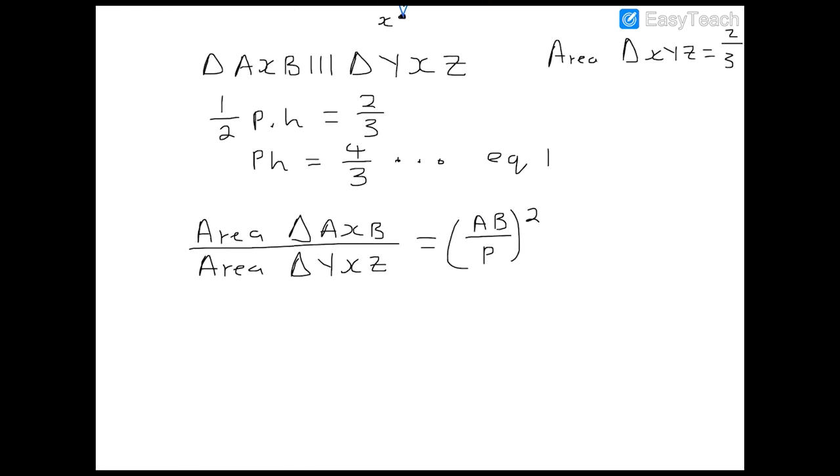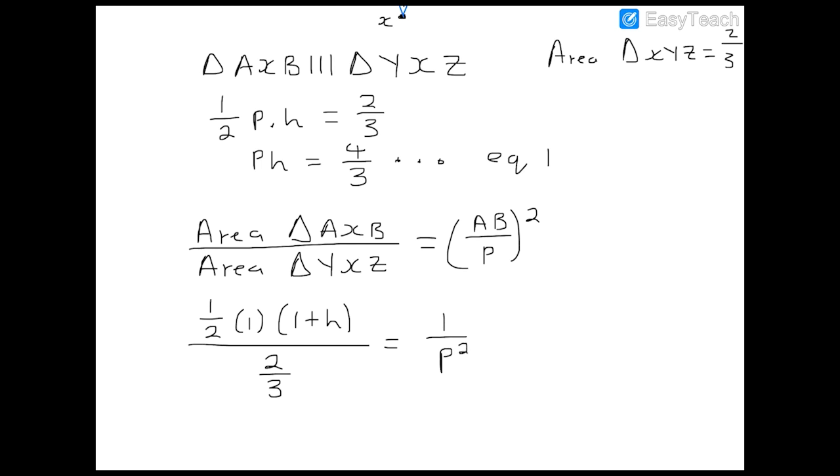Now this is half multiplied by 1 multiplied by a perpendicular height of 1 plus h, divided by the area of YXZ, which we already have as 2 over 3. So that is divided by 2 over 3. Now this is equal to AB, we know it's 1, divided by p squared.